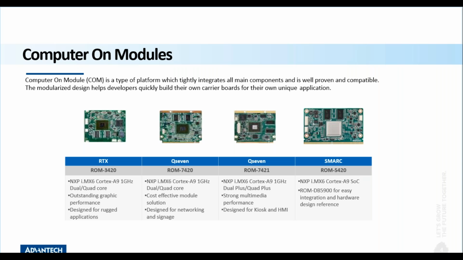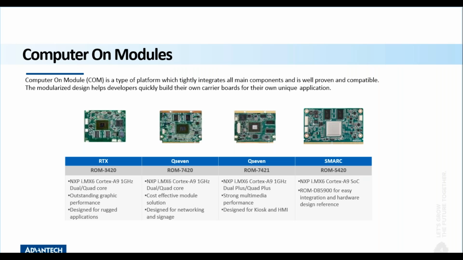Like I said before, for computer-on-modules we have different form factors: RTX, Q7, and SMART. Right now NXP is our number one semiconductor vendor, but we not only cooperate with NXP, we also cover Qualcomm, TI, Rockchip, and others. But right now we just focus on NXP, because NXP is our best-selling product, and we are doing the security bundling with Timesys.